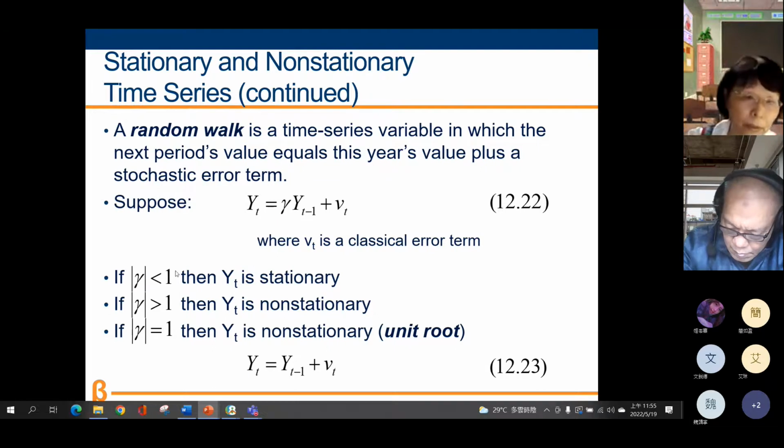Then what do we see? Look at the gamma. If the absolute value of gamma is less than 1, what does that mean?